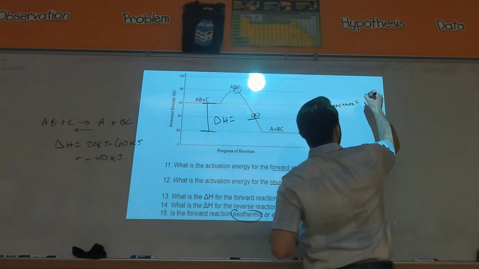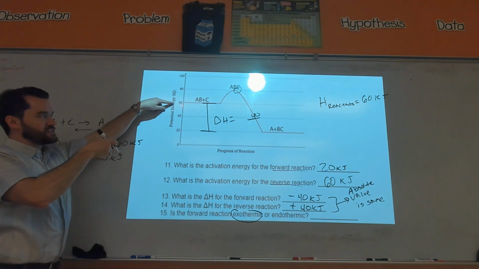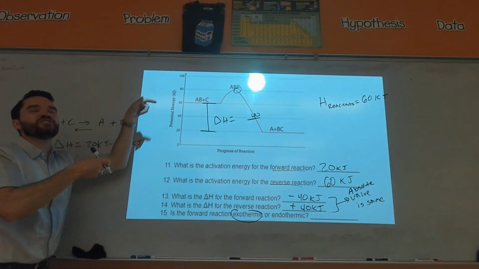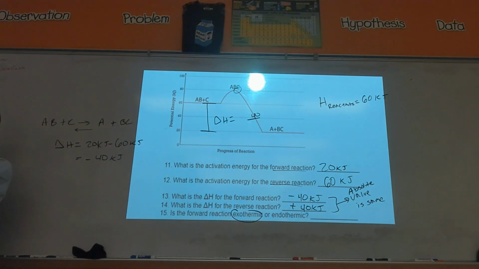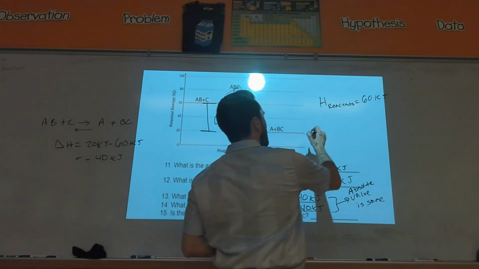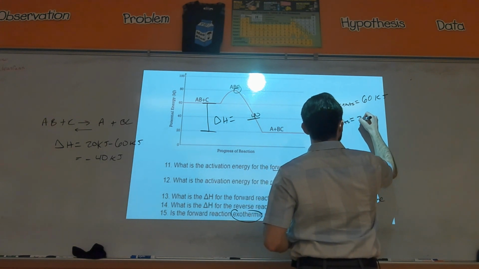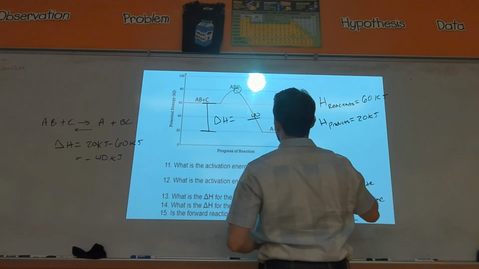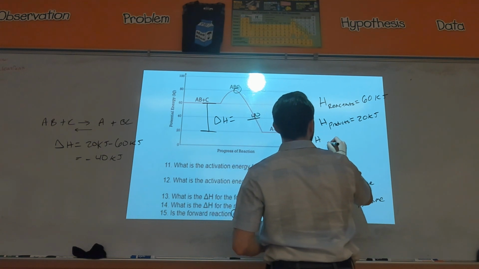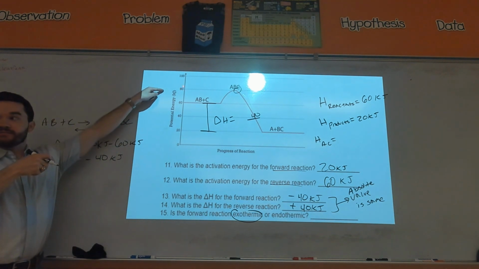It sounds a lot more intimidating than it is. These are the reactants, right? It's just 60. Now, technically, I would need to say the forward reaction, because what if I said H of reactants of the reverse reaction? Then what would it be? It'd be 20, yeah, it'd be this. So H of products, that would be 20 kilojoules. H of the activated complex, we'll say AC, that would be 80. That's the very top there.